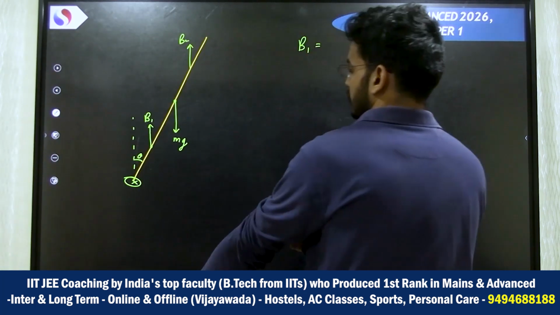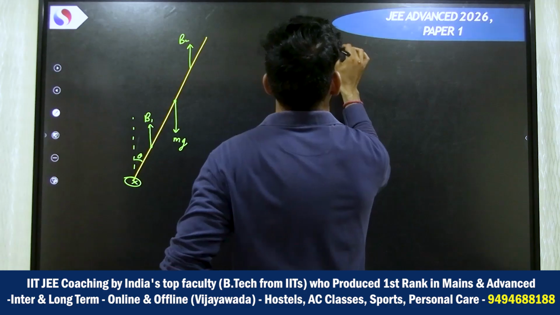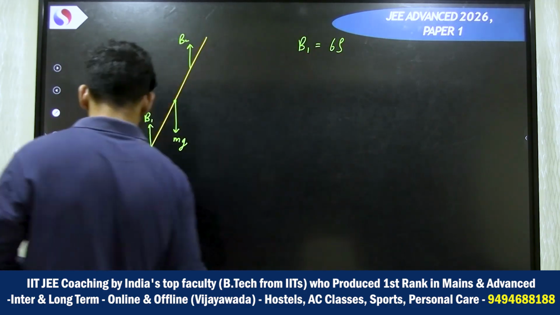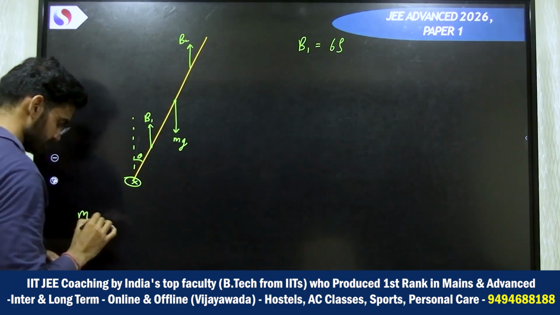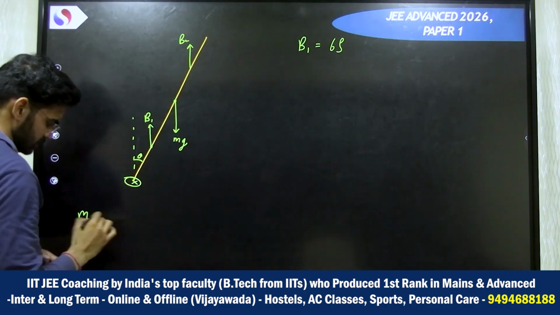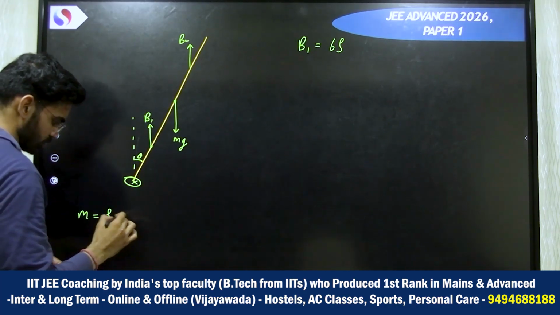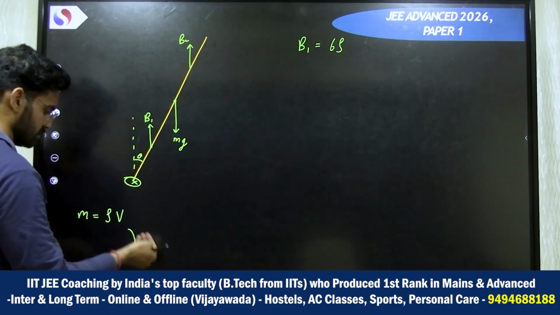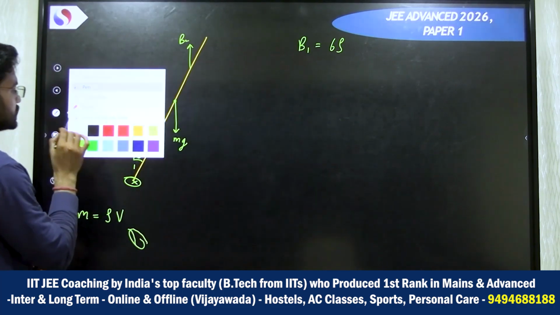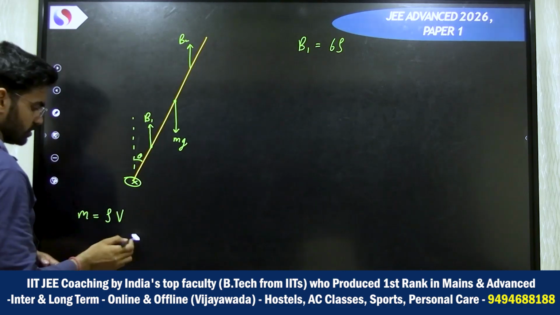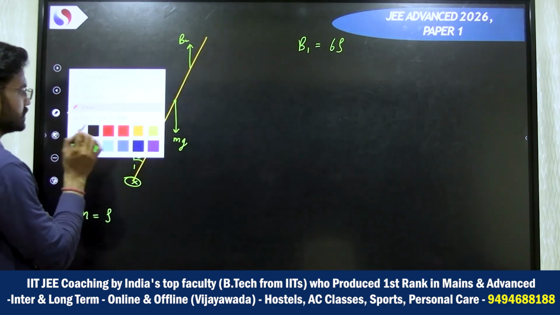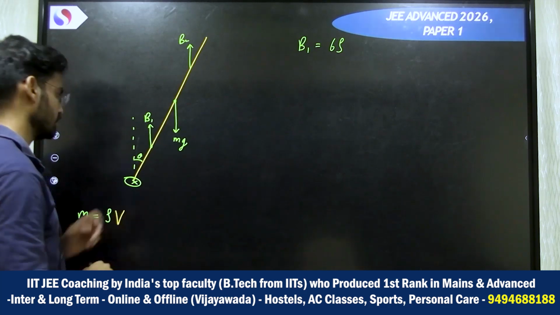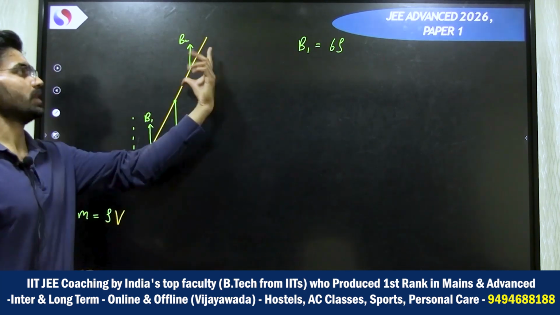B1 how much? Density of the fluid, that is 6 rho, into volume. Every single time you can say mass is equal to density into volume. Rho is the density, let's say volume is V. You can say the volume is V, below part V by 2 and above part V by 2.